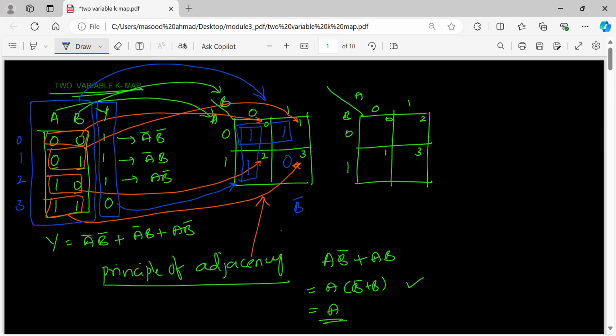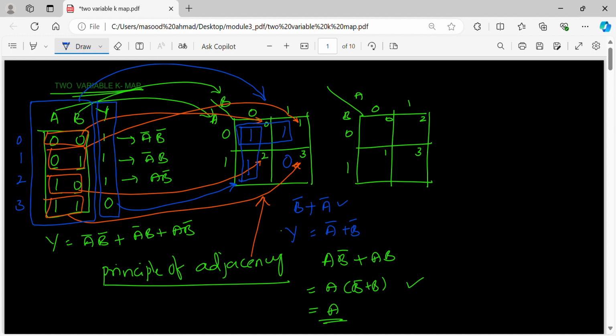Plus, in the other group B is changing, A is 0, so A bar. A is 0 means A bar, B is 0 means B bar.